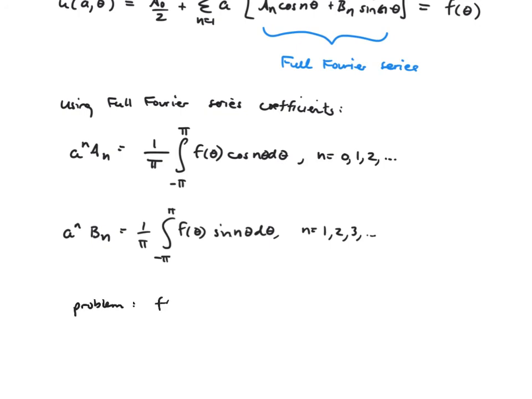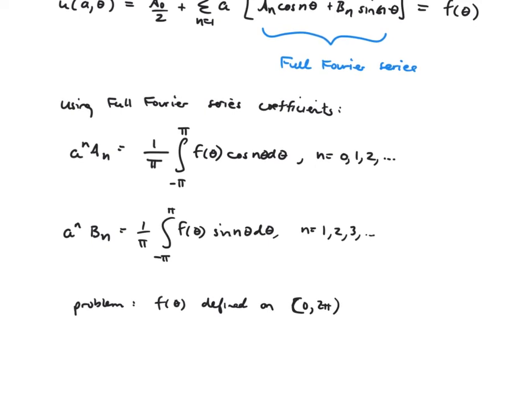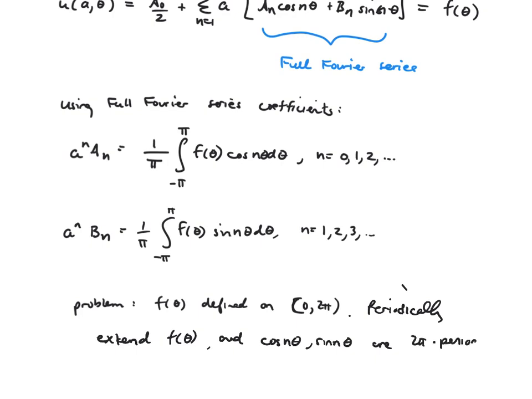I am going to note here that f of theta is defined on 0 to 2 pi, not negative pi to pi. Is that a problem? No. We just periodically extend f of theta. And furthermore, cos of n theta and sine of n theta are 2 pi periodic.